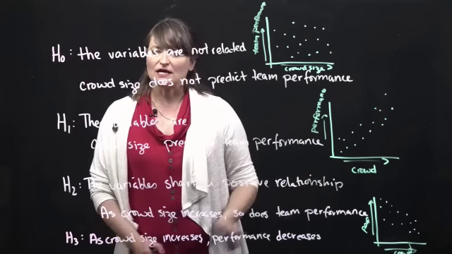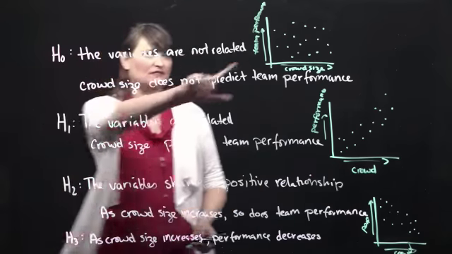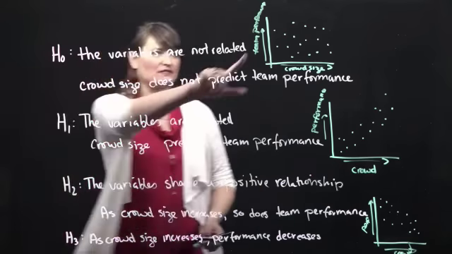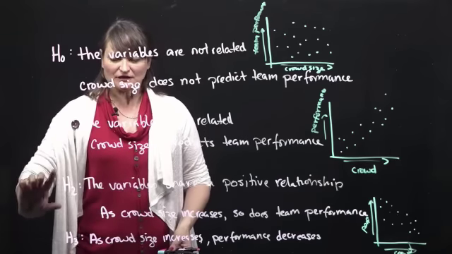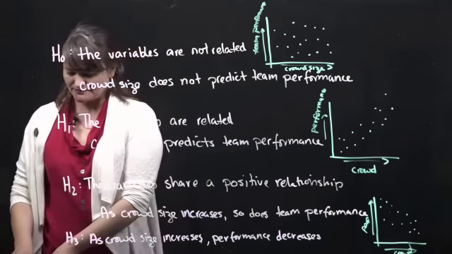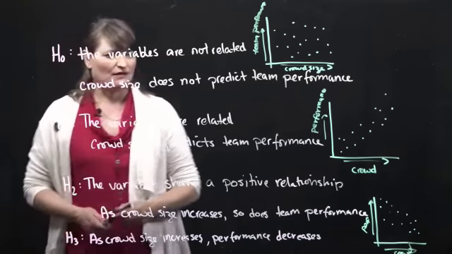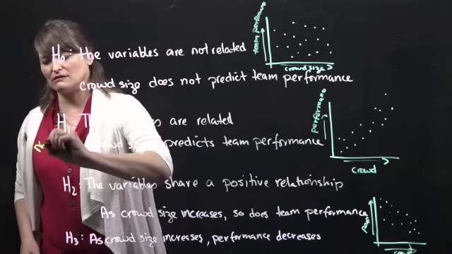So when we're generating hypotheses, we've got our null hypothesis that's saying there's no relationship, the variables are not related. And then we've got three possible research hypotheses. This first one is non-directional.